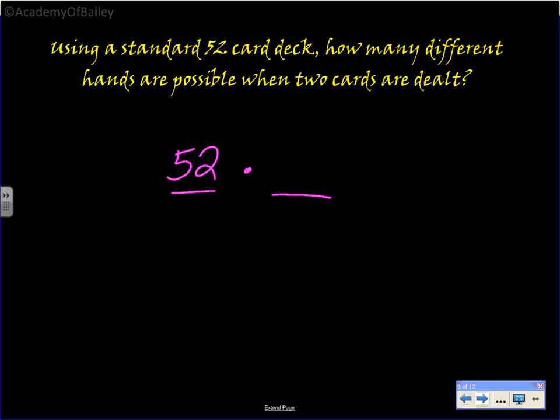Now, you're not putting it back because you're getting 2 cards. So you're not putting the first one back, so that means the first one's already in your hand. So there's 52 cards possible for the first slot, and if the first one's already in your hand, then you only have 51 choices for the second slot.